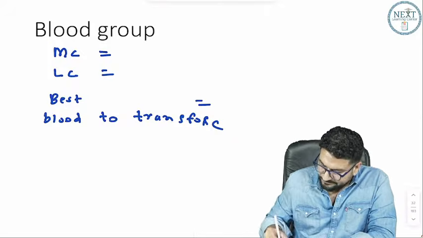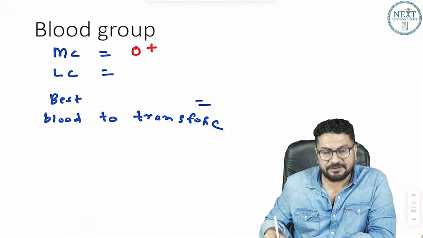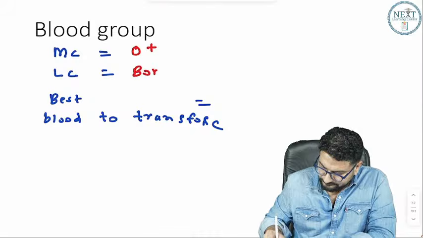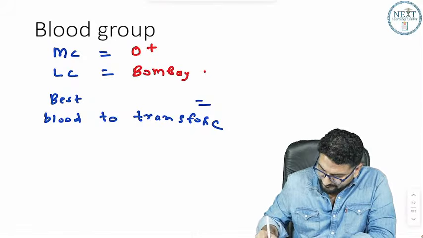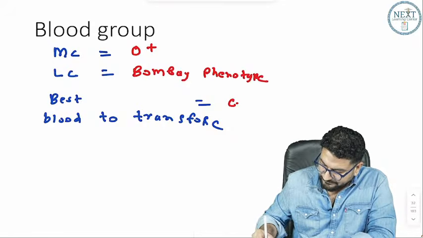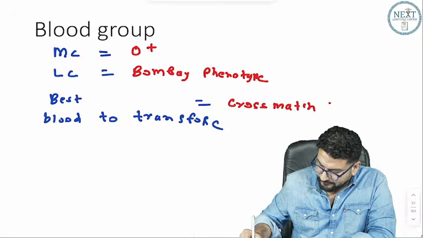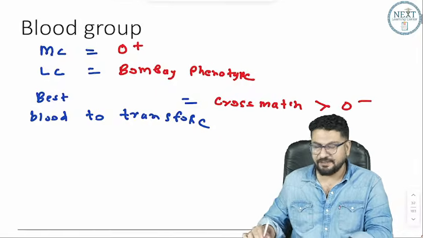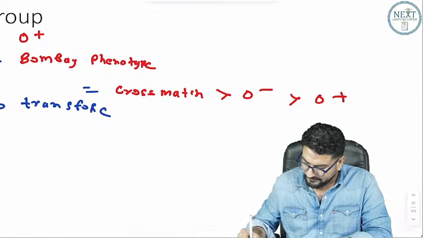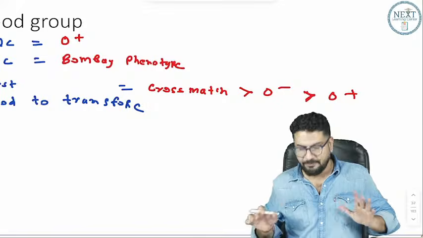It is your O positive. Least common is Bombay phenotype. Best to transfuse blood is cross match blood. If cross match is not available, then we prefer O negative, or then O positive. Cross match means, suppose my blood group is AB positive, you have to give me AB positive.